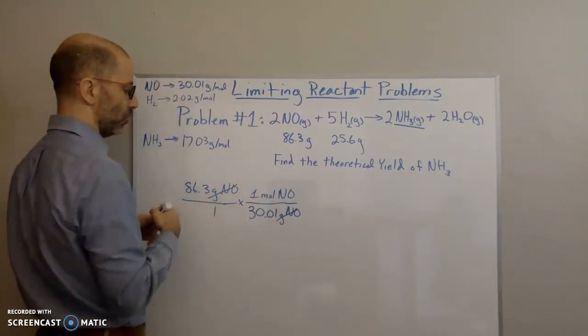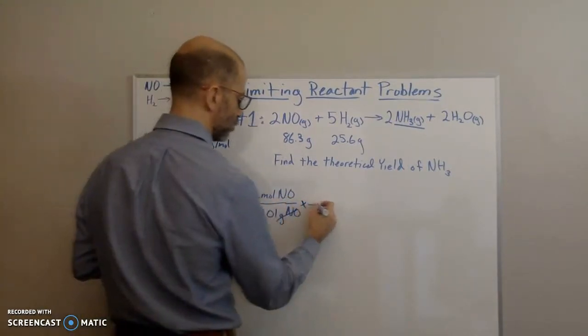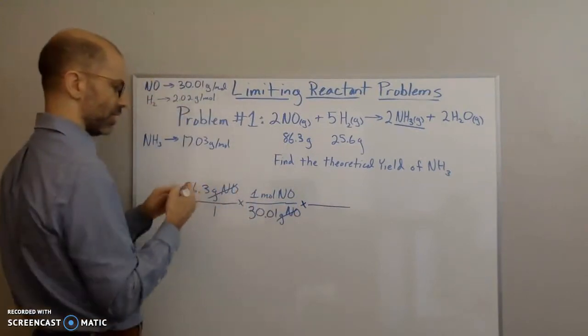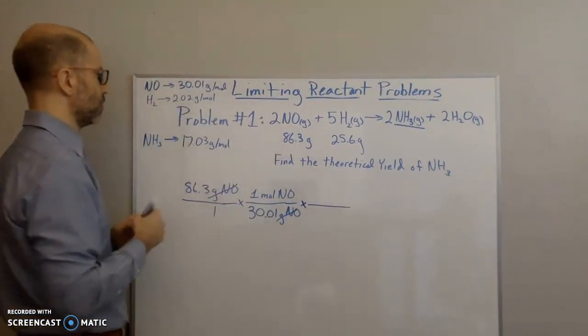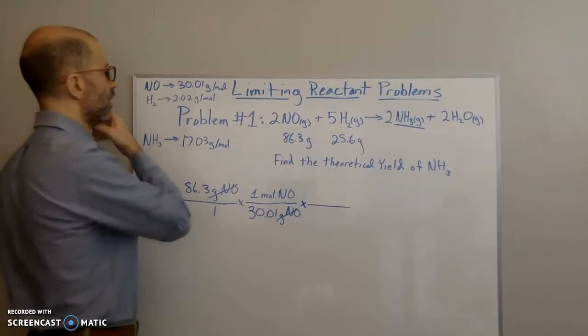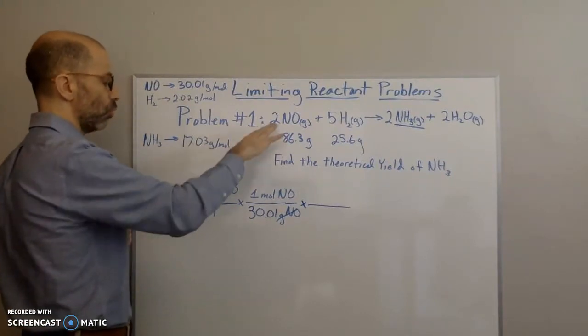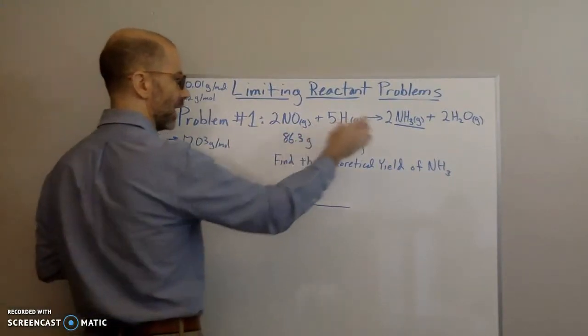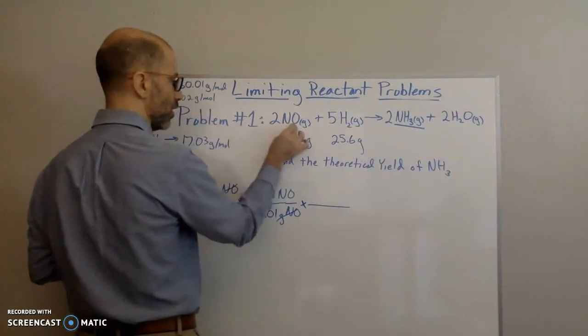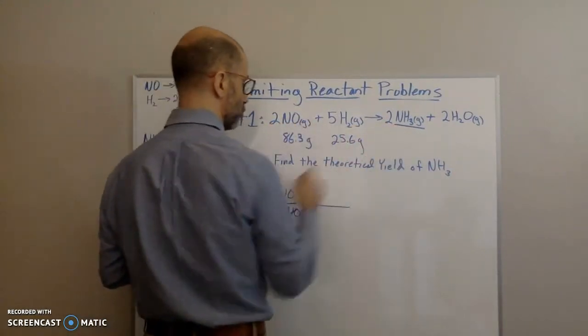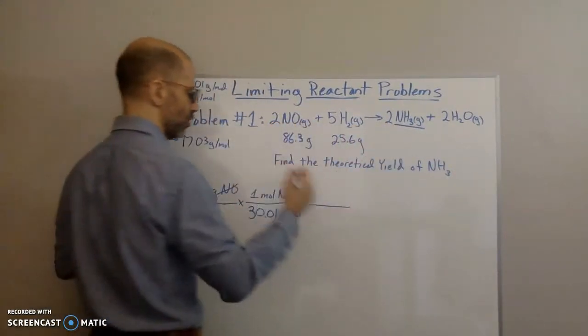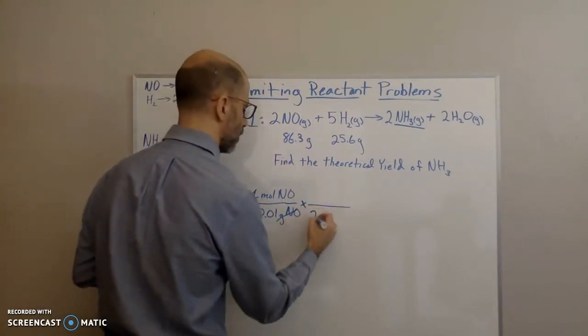And so then I keep going. I have moles of NO, and I want to get to NH3 because that's what they're asking for. And so at this point, I'm going to use the mole ratio between NO and NH3. So I have 2 NO to 2 NH3, so it's a 2 to 2 ratio. I'm just going to write that down.